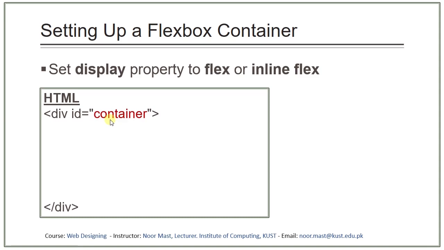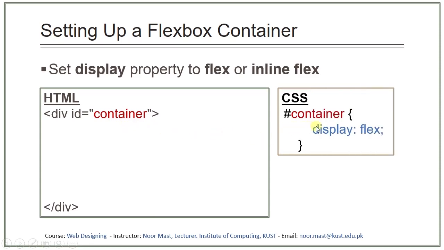To convert this div element into a Flexbox container, define a CSS rule and set its display property to flex, like this one. Now this div element is turned into a flex container.